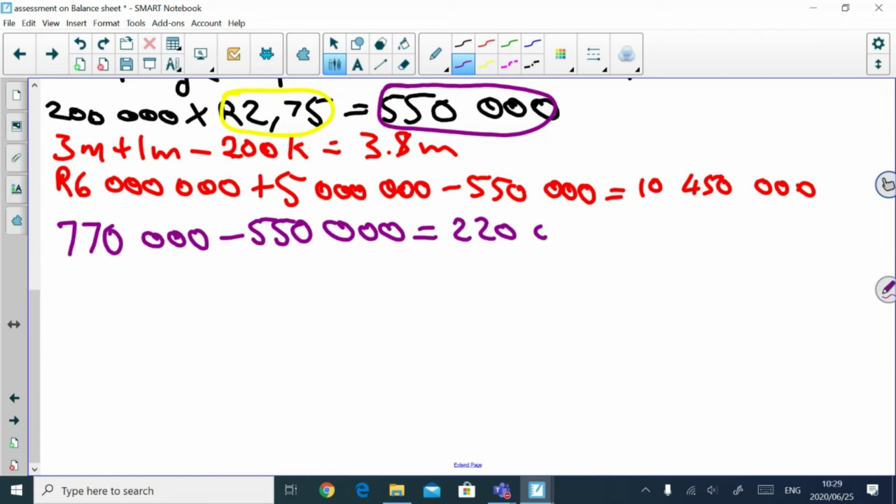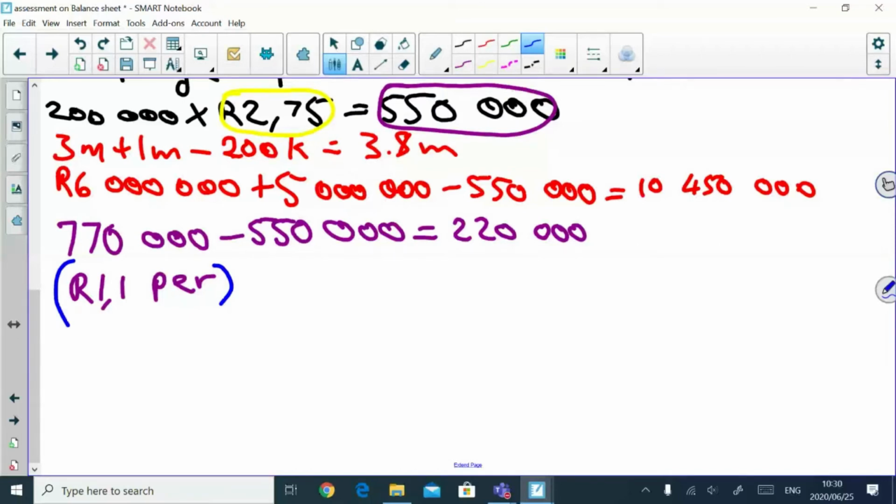Okay, that is 220. So with this 220, what we will say is this 220 divided by 200 shares will give us 1.1 rand per share. That was the expense, the funds that were used to buy back these shares. I hope you get this.